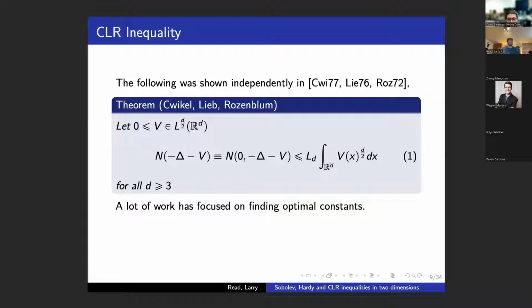And this is valid in the case where the dimension is greater than or equal to 3, much like the Hardy inequality or Sobolev inequalities. So a lot of work is focused on finding optimal constants in this sense.